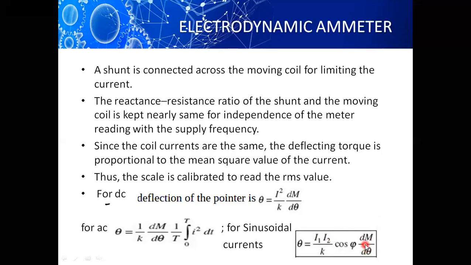Please make sure that you understand these two. Here it is AC. It need not be sinusoidal all the times. But when you particularly look into sinusoidal, here we have the expression I1 I2 by K cos phi dM by d theta.